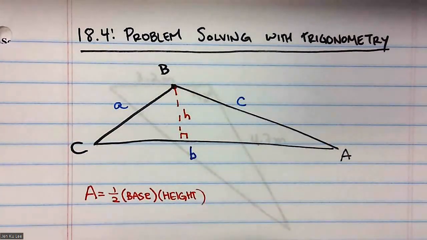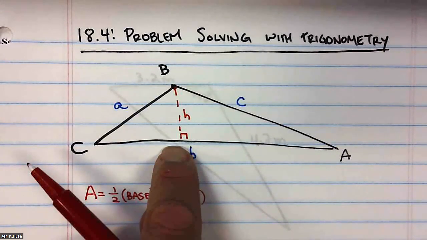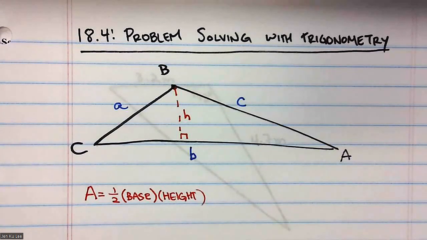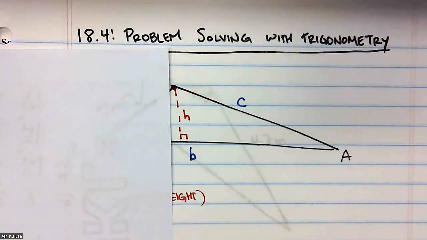Correct? But I don't give you the height, okay? So if I give you, let's say, this triangle here, how do I figure out h using trig?